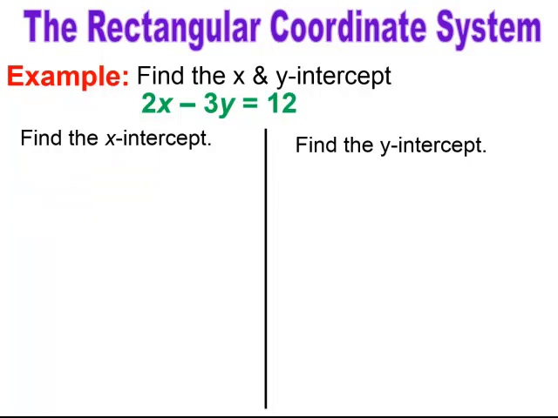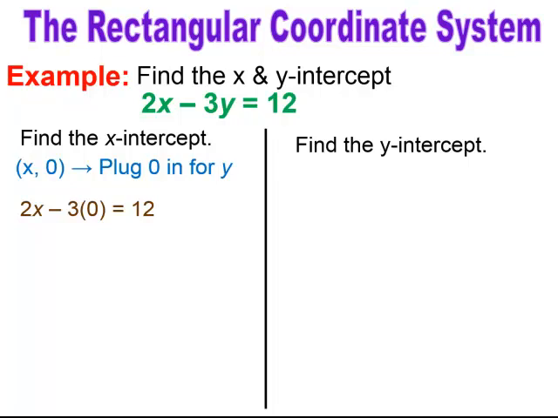We want to find the x- and y-intercepts. I'm going to start with finding the x-intercept. The ordered pair is going to be x comma 0, so remember, 0 is in the y spot. You do the evaluation by substituting 0 into the equation 2x minus 3y equals 12.